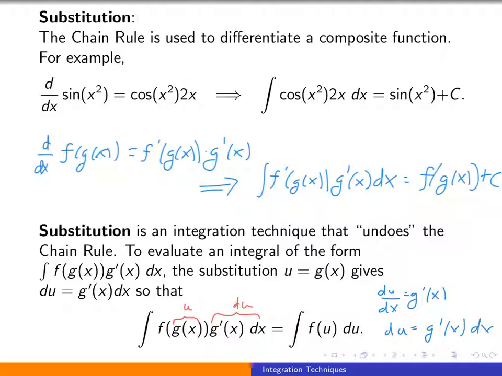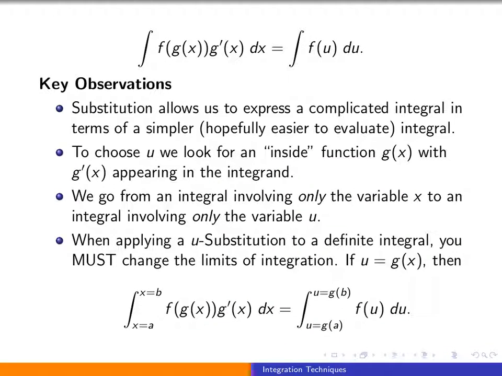Let's make a few observations. What substitution does for us is it's not something that solves the integral, so to speak, but it allows us to start off with a possibly complicated integral, what we have on the left here, and to express it in terms of what is hopefully an easier to evaluate integral.